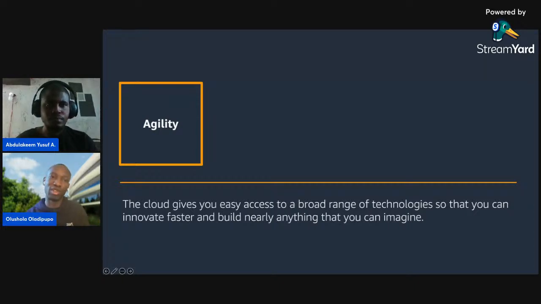This means that customers, including even yourself individually, can very quickly develop and roll out new applications. It means that your teams can experiment and innovate more quickly. If an experiment fails, you can always deprovision the service and spin something up without any risk.